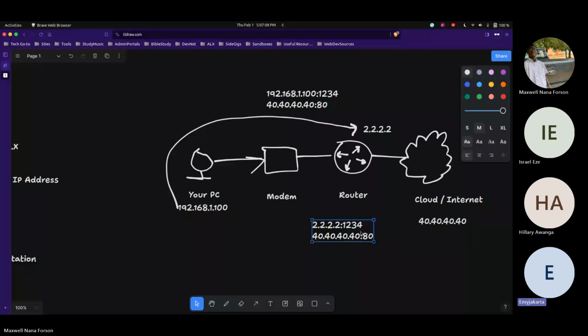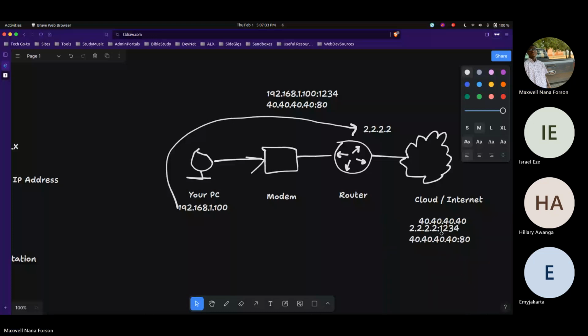The 1234 will remain as the port. Well, not exactly, but I'm just putting it there for ease of explanation, right? The router does some sort of mapping to know who sent it and how to get back to it. So now this is what the router will send.